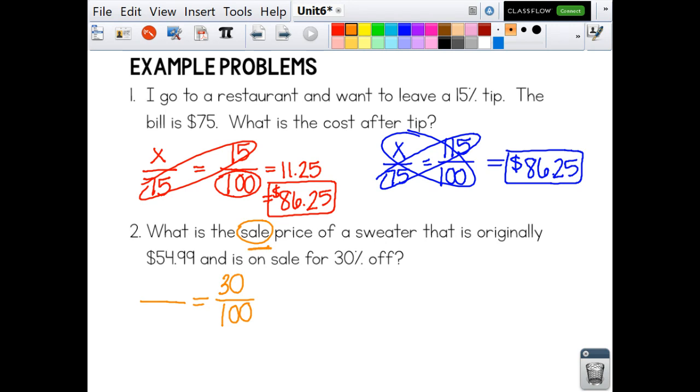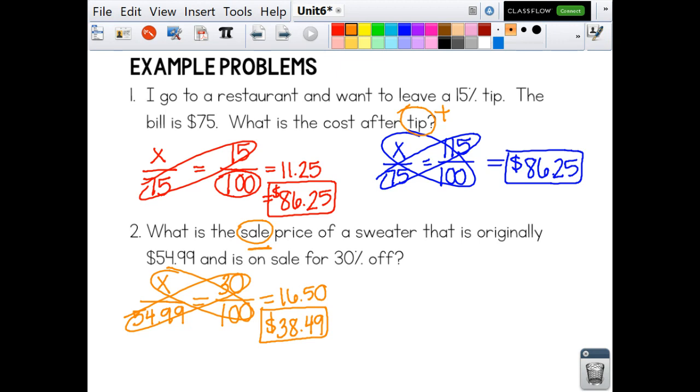Up here, it was tip, so it's addition. So we want to know what's the part of $54.99. So if I cross multiply and divide, I get $16.50. That's rounded because we round to the nearest hundredth place. And then I subtract $16.50 from $54.99, and my sale price of my sweater is $38.49.